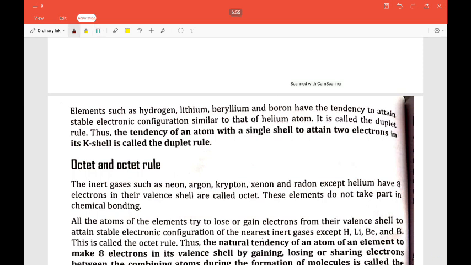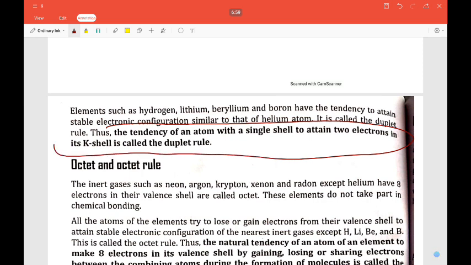Now here is one definition: the tendency of an atom with a single cell to attain 2 electrons in its K cell is called the duplet rule. There is a slight difference between duplet and duplet rule. In duplet, the atom is already in a stable state, that is helium.